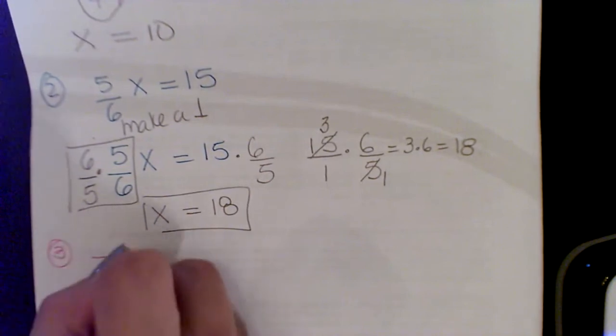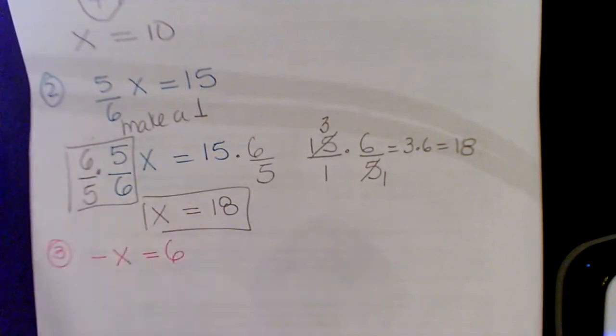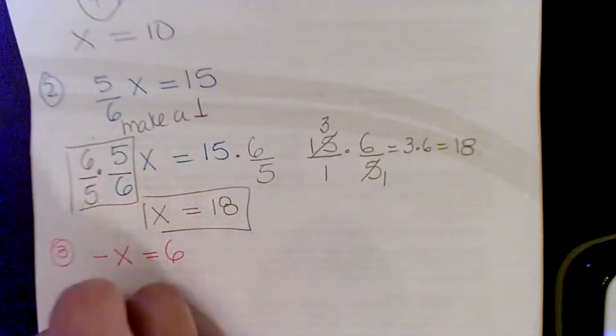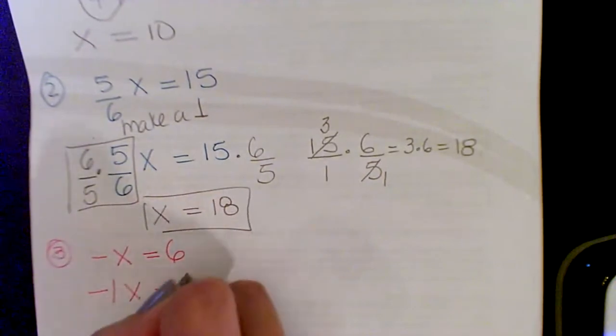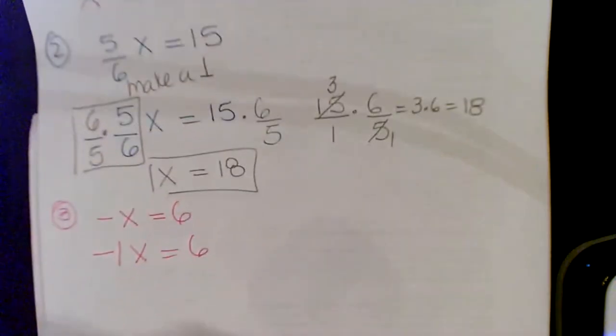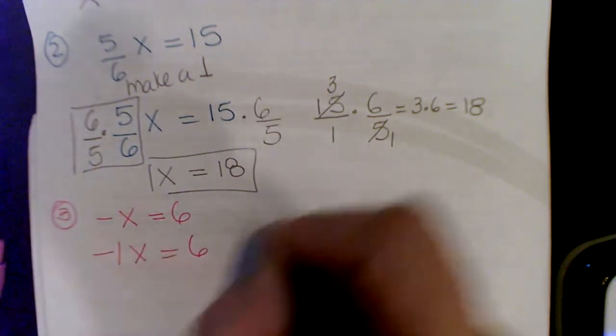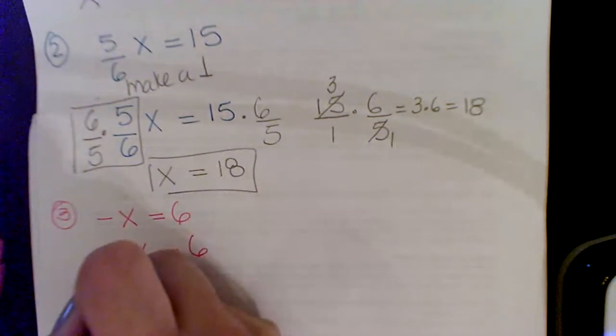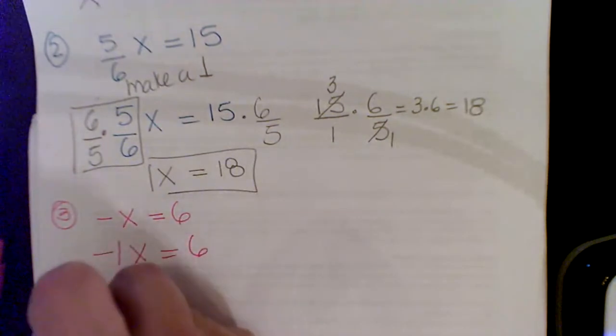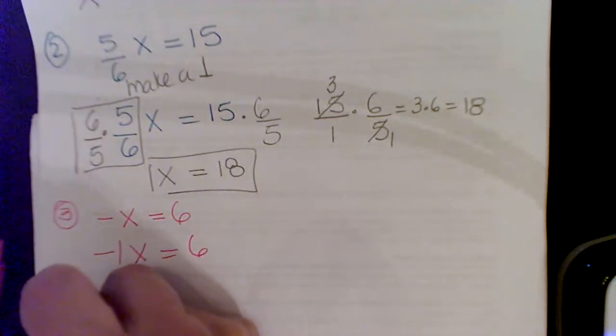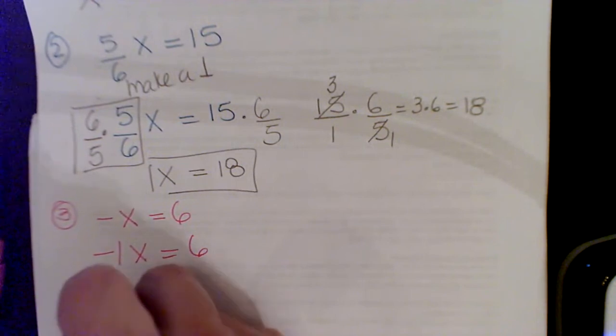Now, the next one. Negative x equals 6. So we know we have a 1 here. We're going to need to multiply by the reciprocal, right? Okay. So what's the reciprocal of negative 1? We're going to multiply by negative 1 over 1.